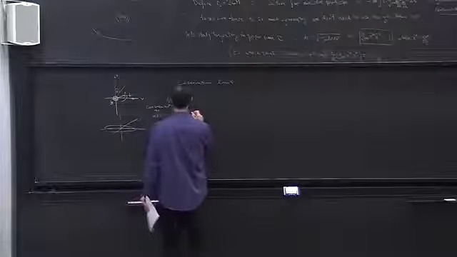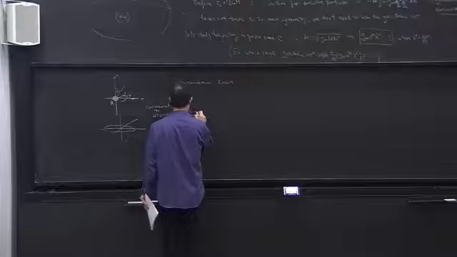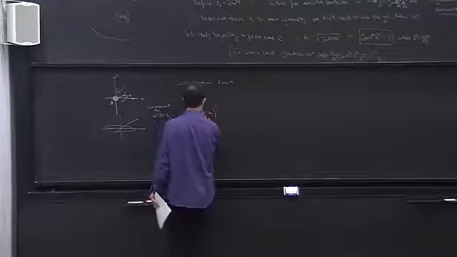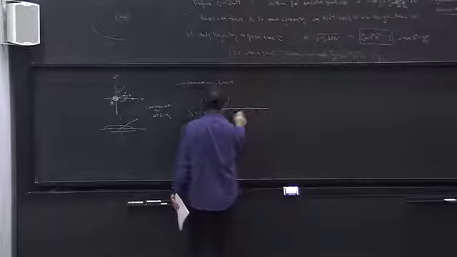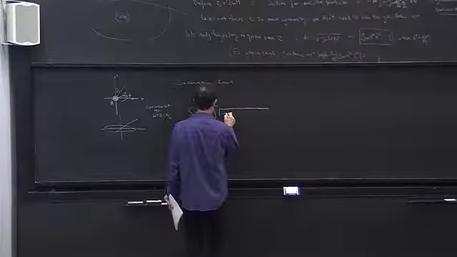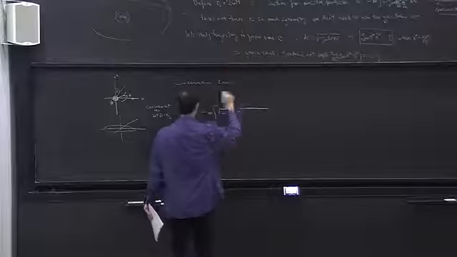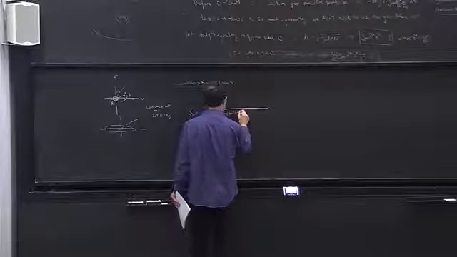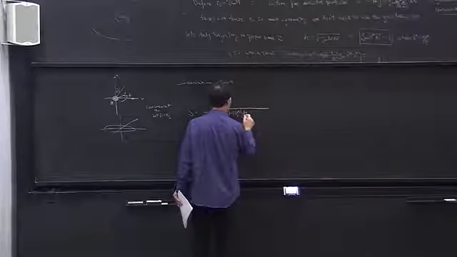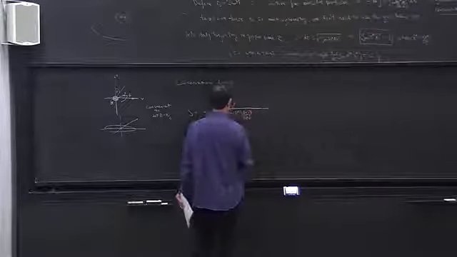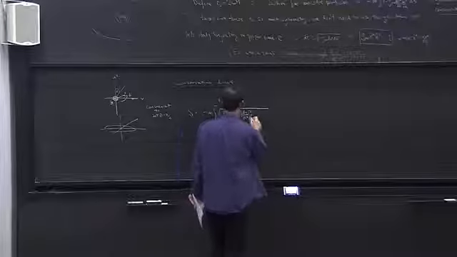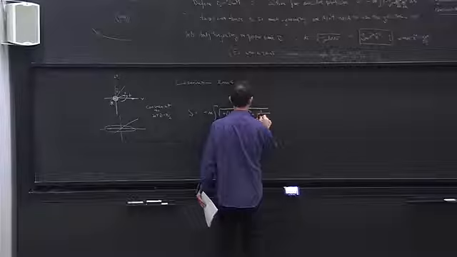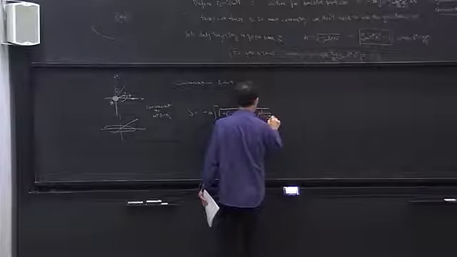Right? So basically, our S will be minus m integral square root minus g mu nu x dot mu x dot nu, so that's plus 1 minus 2GM over r, dt d lambda squared, and then we'll have minus 1 over 1 minus 2GM over r.